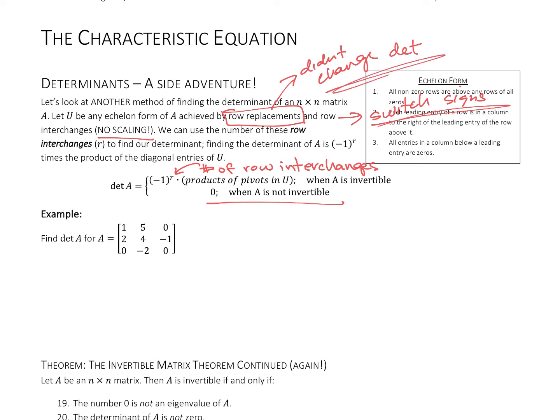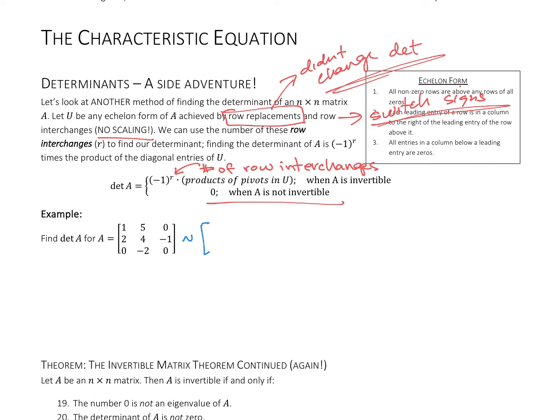So here's an example. We're going to find this determinant. Right now we're not in a triangular matrix form, but if I can get this to a triangular matrix and keep track of how many row interchanges I do, then we can get there. First thing I'm going to do is row 2 minus 2 row 1.